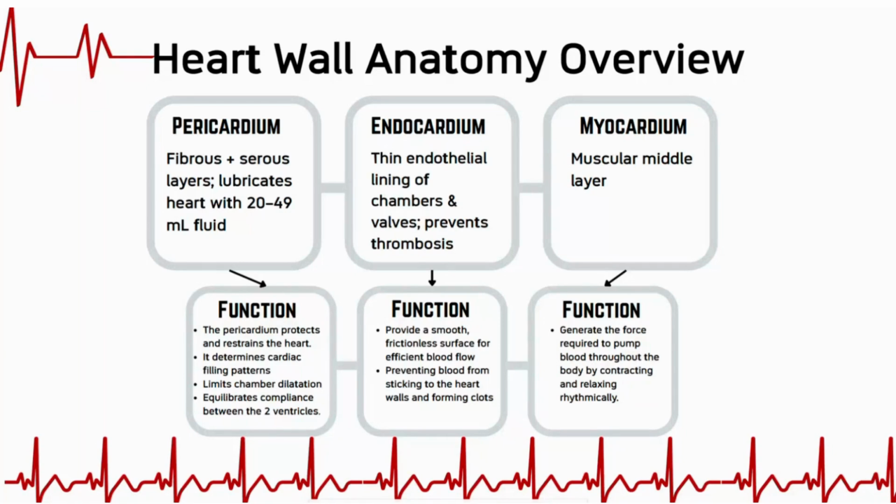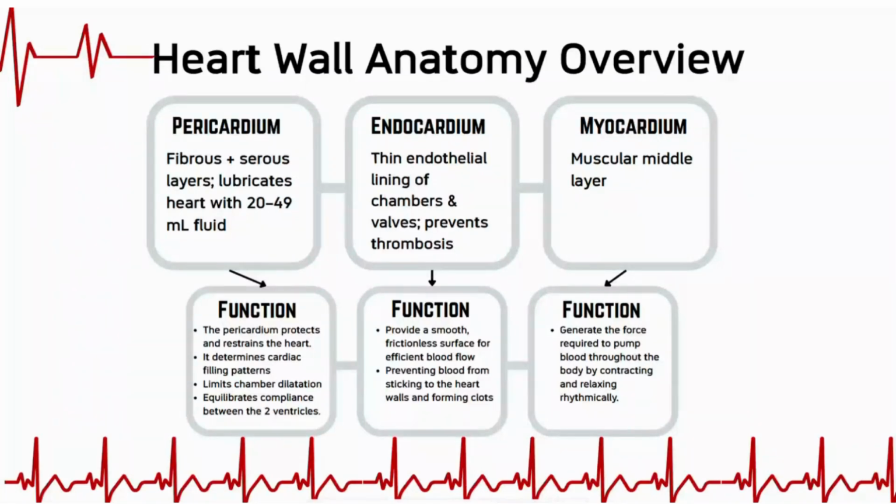So it reduces the friction that the heart has inside this sac. The pericardium has a protective function, and it stops the heart from overdilating. What it does is stop the heart from exploding, essentially.